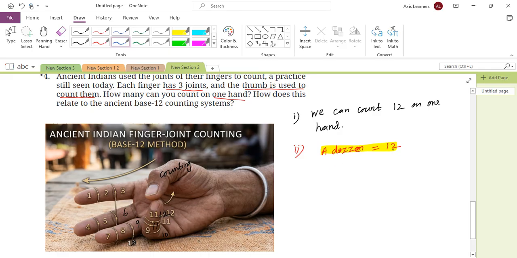When we use this counting system, it is very easy to count the numbers, okay? Counting numbers using finger joints for the base 12 system.